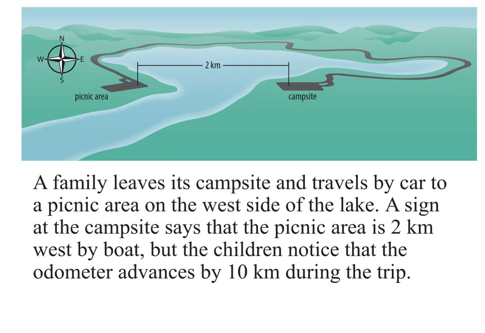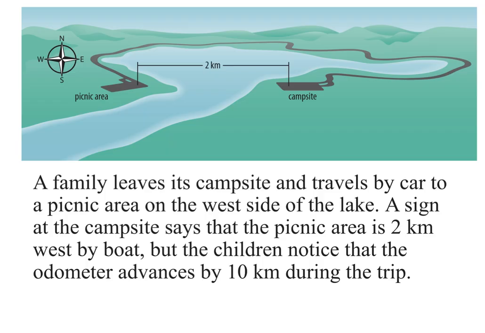So let's look at this example together. It says a family leaves its campsite and travels by car to a picnic area on the west side of the lake. A sign at the campsite says that the picnic area is 2 kilometers west by boat, but the children notice that the odometer advances by 10 kilometers during the trip, right? So what we're looking at here is driving.